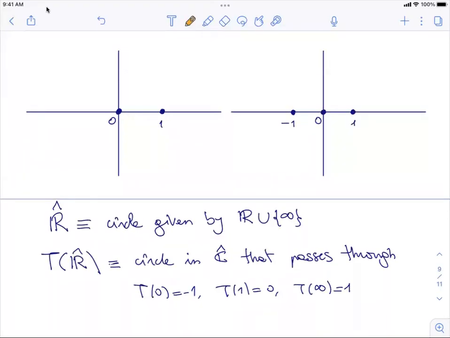So let's see what part gets mapped where. So notice here, T of 0 is -1. Okay, so this one gets sent here. T of 1 is 0. So this one goes here. But we are going to see this segment is going to end up here. And we are traveling this way. Okay.